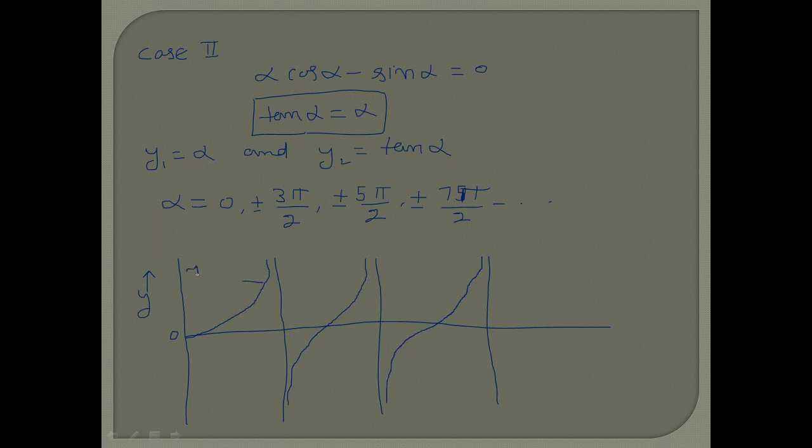This represents y is equal to tan alpha. Now these values are 0, 3 pi by 2, 5 pi by 2, 7 pi by 2, and so on.